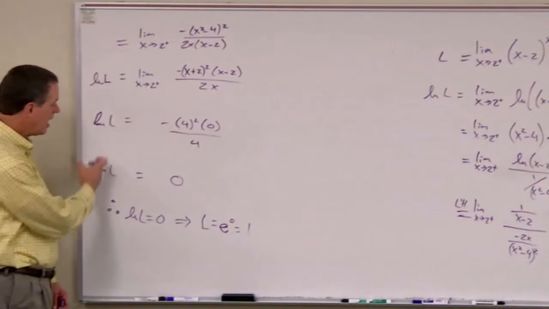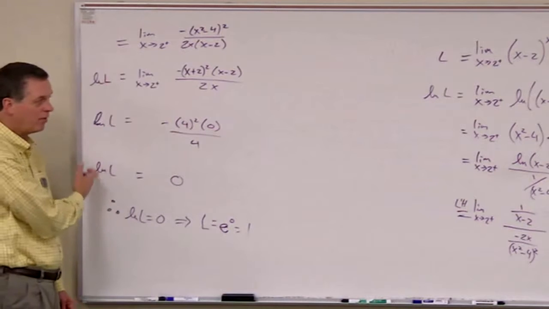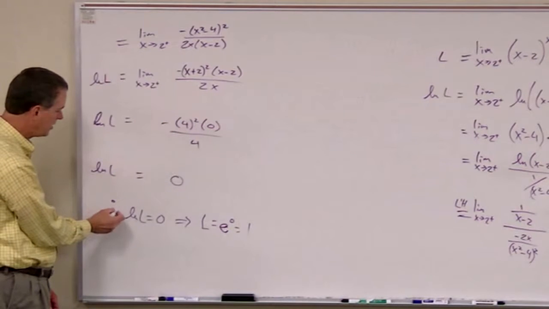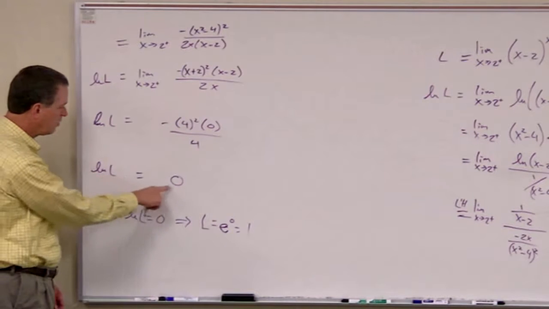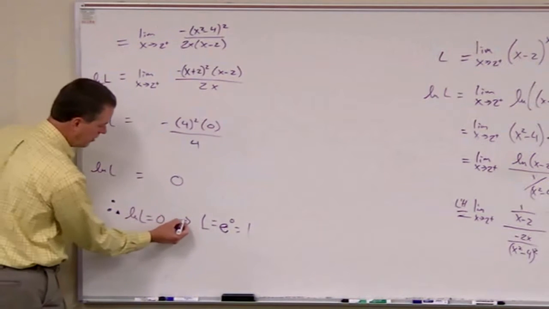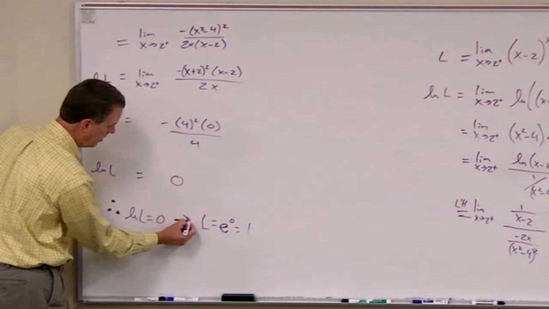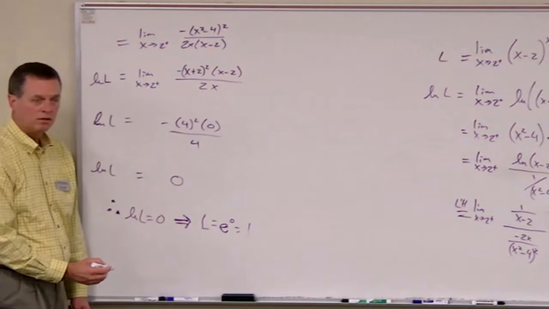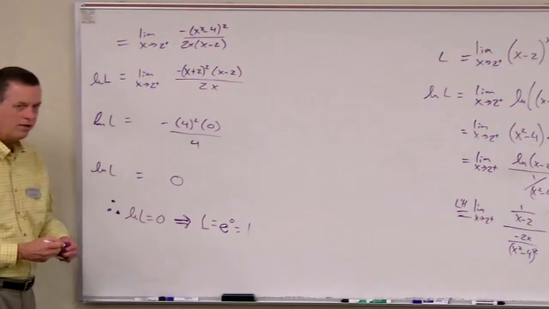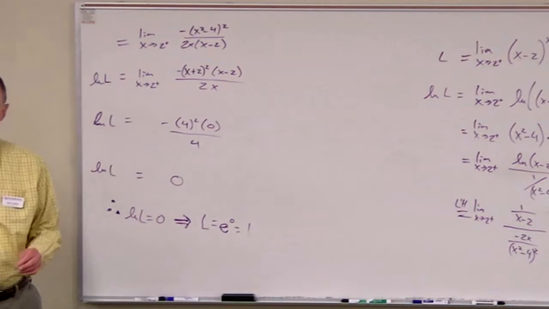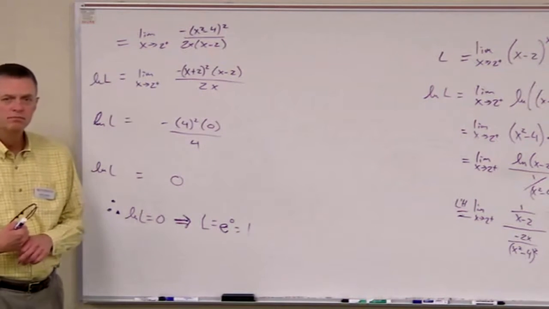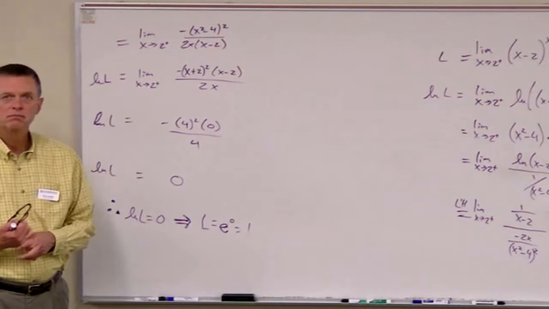Since I hadn't been writing it down from back over there, I just summarized and said, therefore, because I have log of L equals 0 right here, that implies that L is equal to e to the 0. Okay, by definition of logarithm. All right. Thank you.